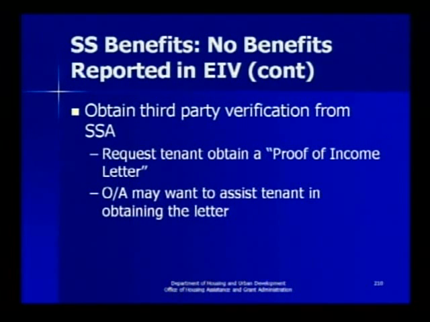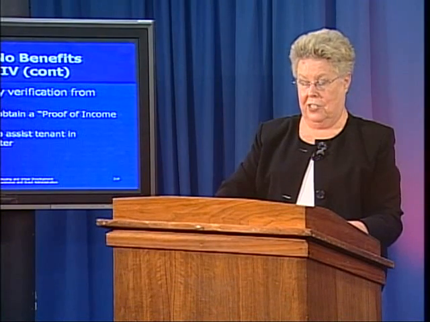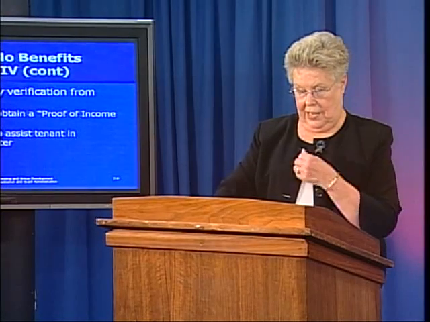If you have to request that the tenant obtain a proof of income letter, you may want to assist the tenant in obtaining the letter. You may want to do this to ensure that you actually receive the information that you need.